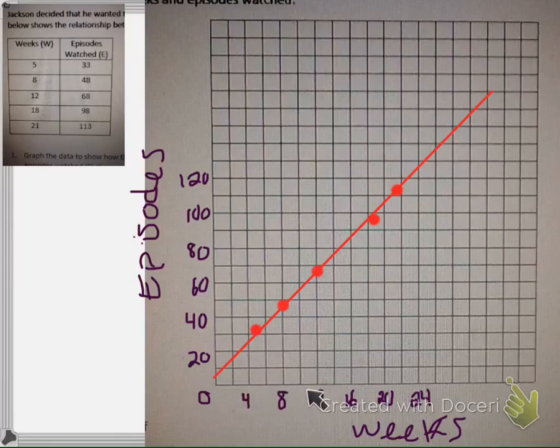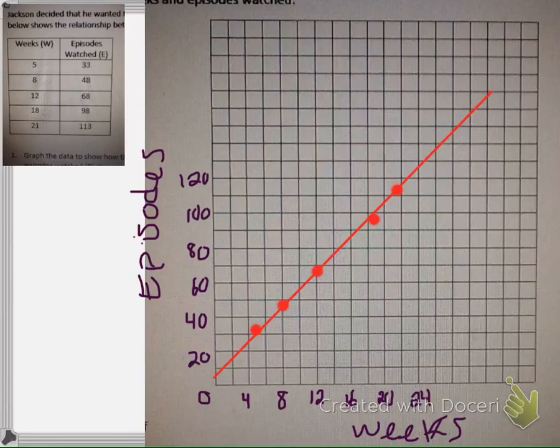When we're grading your test, we're looking at, did you count by a certain number, and did you skip lines appropriately? On my y-axis, I'm counting by 10s, but numbered by 20s. So this is 10, 20, 30, 40, and so on. And then I graphed all my points. So this is 5, 33, 8, 48, and so on.